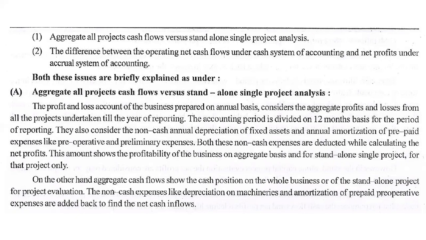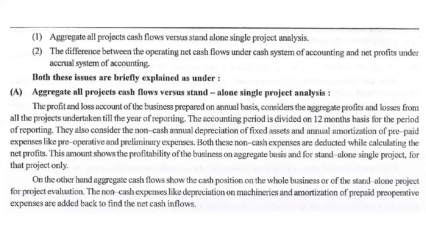They also consider the non-cash annual depreciation of fixed assets and the annual amortization of prepaid expenses like pre-operating and primary expenses. Both of these non-cash expenses are deducted while calculating the net profit.